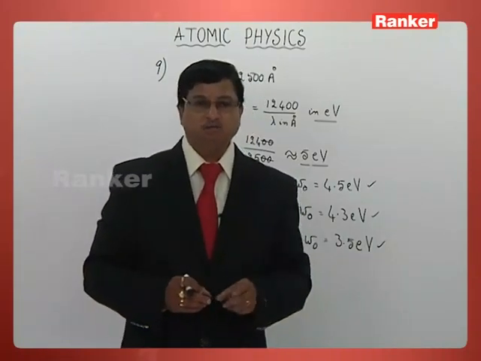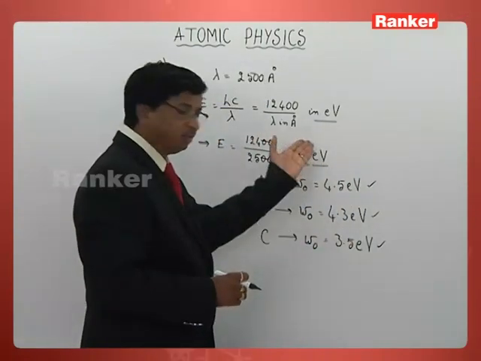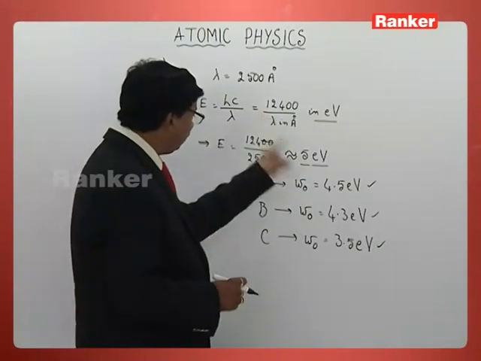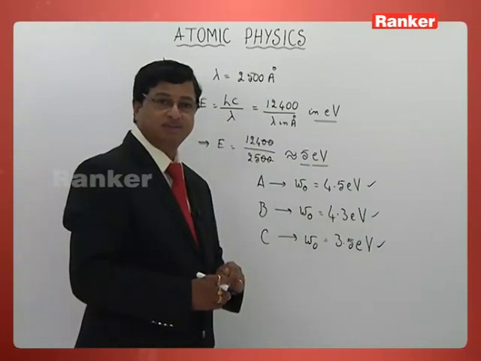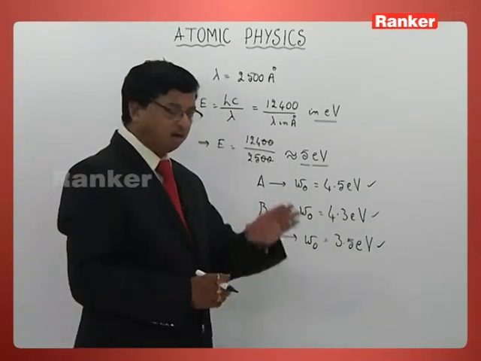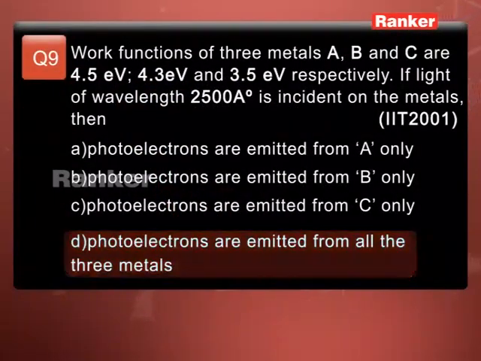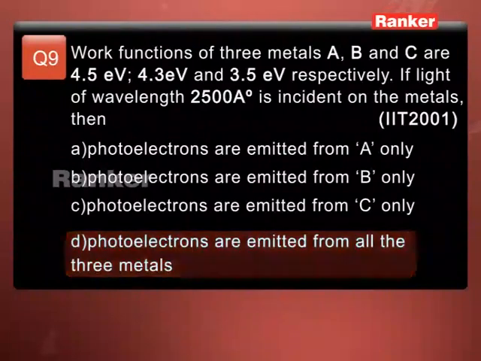Photoelectrons are emitted from all the three metals. That of course you can understand here. The incident energy of the photon is greater than the work function of each individual metal. The moment it is like that, automatically photoelectric emission takes place. So the correct answer for this one is going to be D.